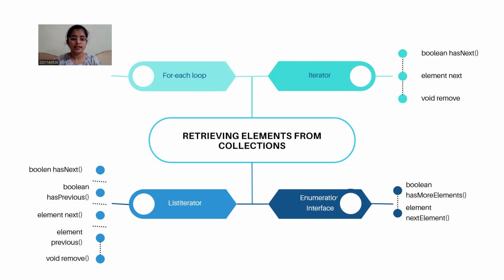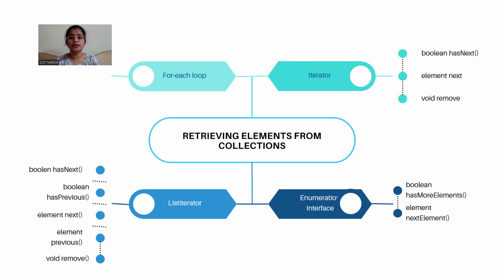And coming to ListIterator, we have the hasNext method, hasPrevious method, next method, previous method, and remove method. If the next element is present, it will return true, else it will return false. Similarly, if there exists an element in the previous, ListIterator returns true, otherwise false.